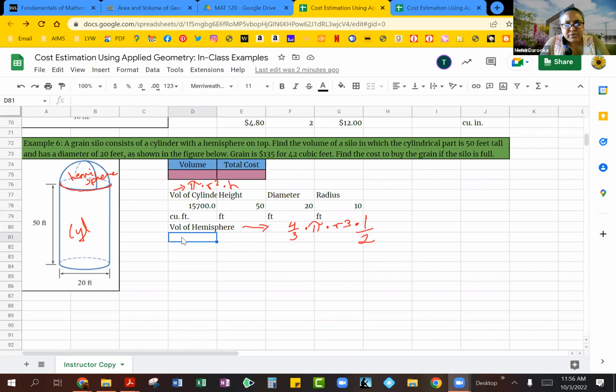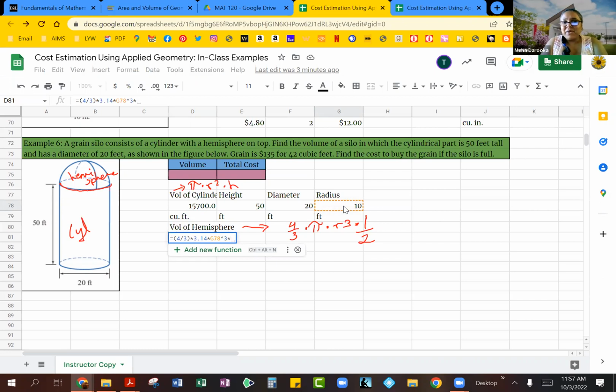Okay, so let's go ahead and do the volume of the hemisphere, guys, so we can verify what you have. I'm actually going to leave it as 4 divided by 3, because, like I said, we don't want to round our answer too soon. So I'll leave that as a fraction. Then we multiply this with pi. Okay, Terry, I see your answer. And again, remember, for pi we are using 3.14. Then we multiply this by the radius to the 3rd power. Our radius was 10 feet, so that's 10 raised to the 3rd power.